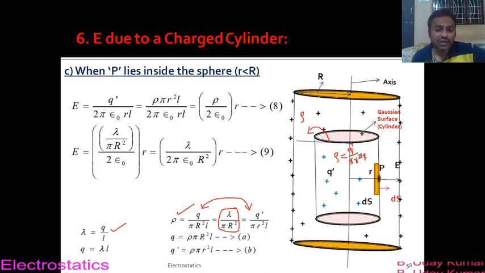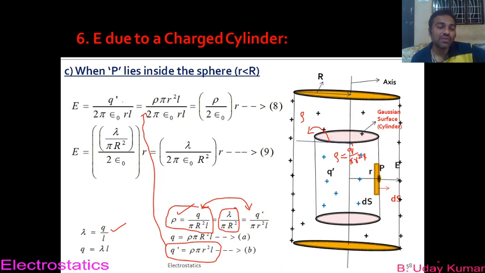And hence I can write rho as q by pi capital R square L, and I also can write rho as q dash by pi r square L. So now from these two equations, I can write q as rho times pi capital R square L, and from the last one, I can write q dash as rho into pi small r square L. Now substitute this equation here. In place of q dash, substitute rho times pi small r square L.